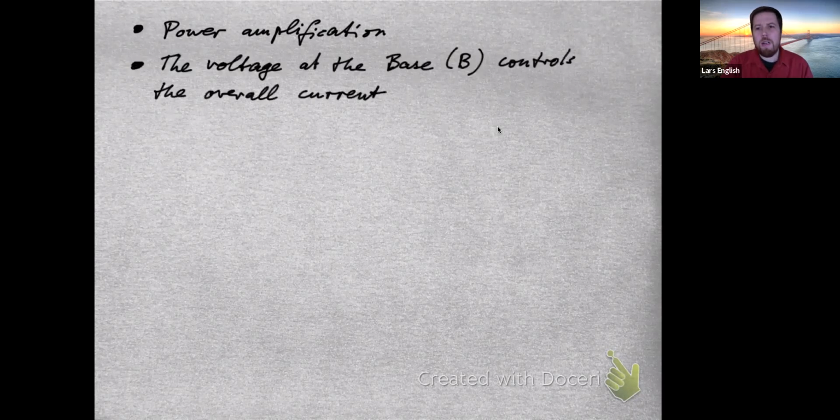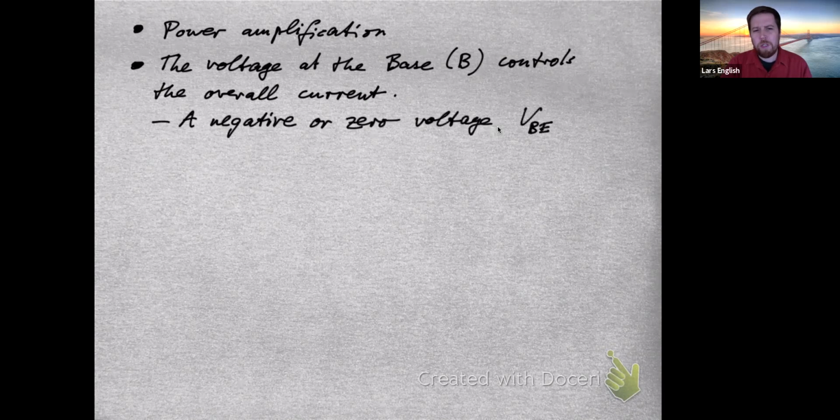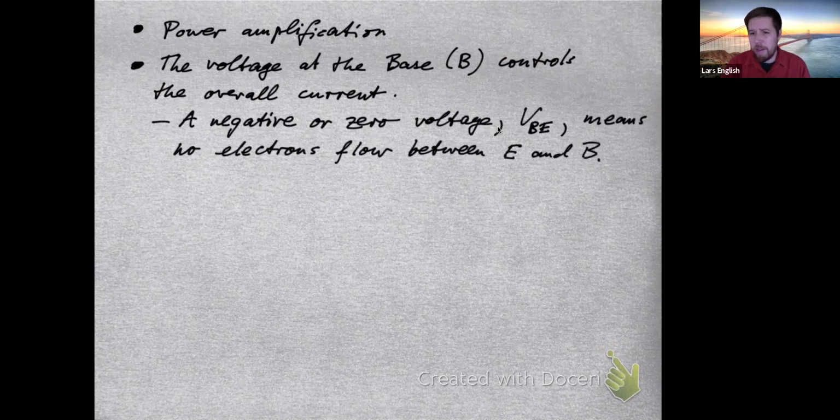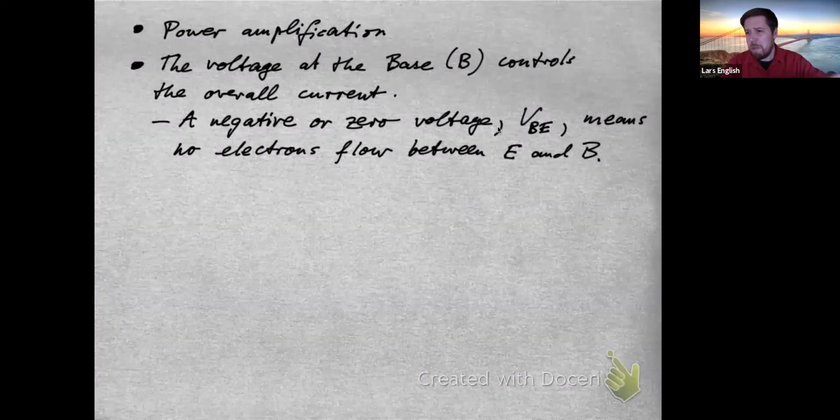Another point to keep in mind here is that the voltage of the base controls the overall current. We said this before, right? For instance, a negative or even a zero voltage between the base and the emitter means that no electrons flow from the emitter into the base.